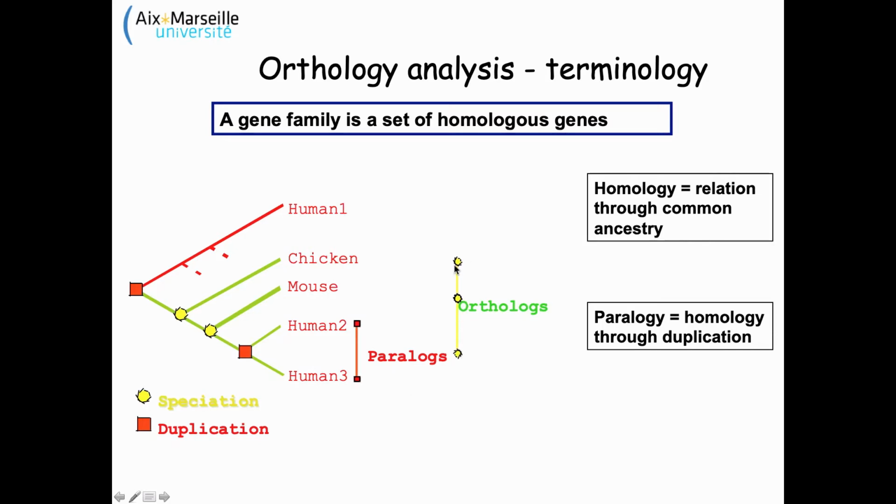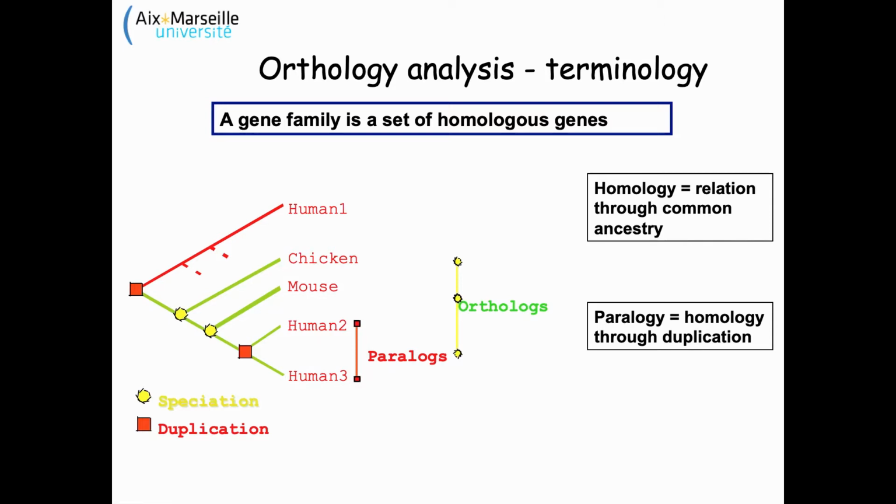Here, to call them orthologs, it's because they are due to a speciation event here. If I'm looking for human 3 against chicken, the common ancestor, you follow my mouse, here is a speciation. Since it's a speciation here, it means they are orthologs.